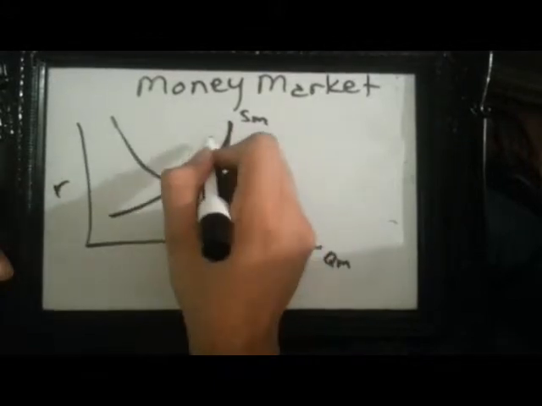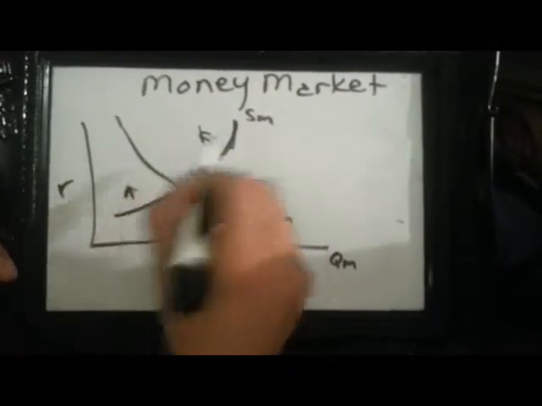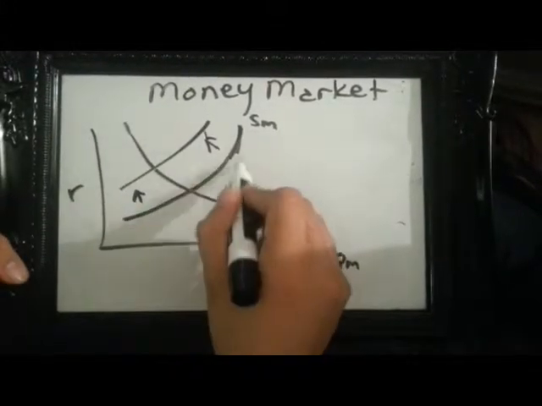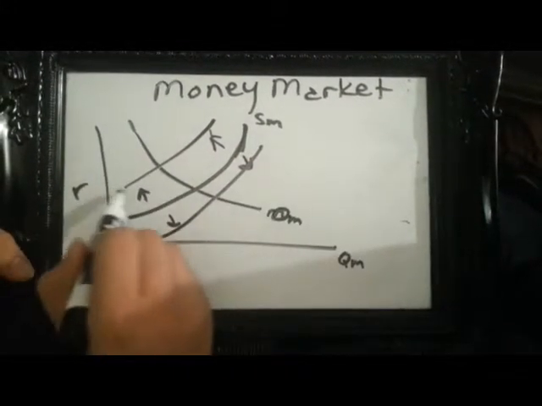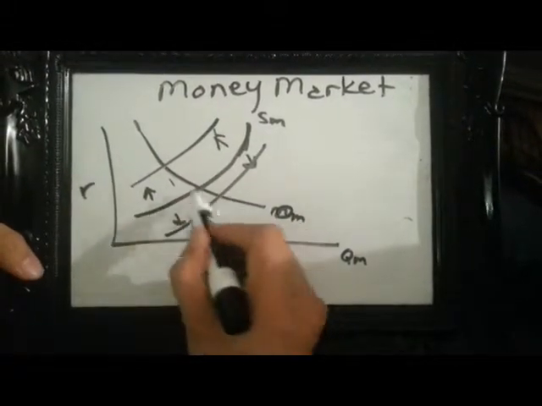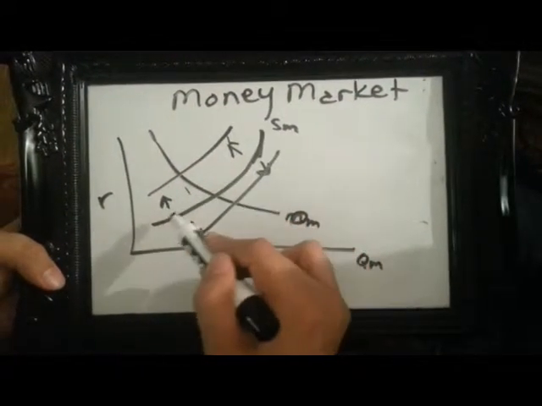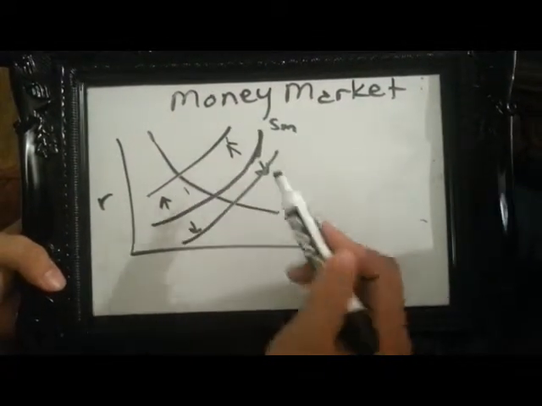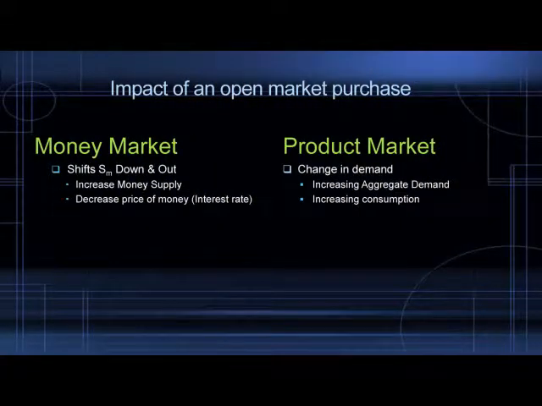Now, this can either shift the supply of money in, or it can shift out, effectively increasing or decreasing the interest rate by changing the amount of reserves that are available to a bank. Now here's an example of an open market purchase.